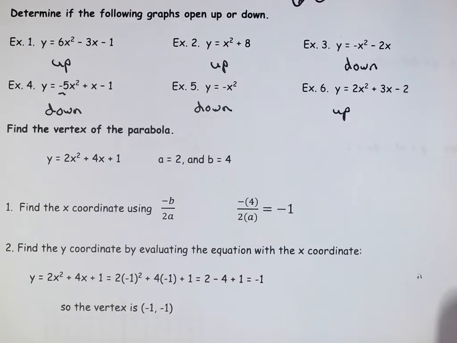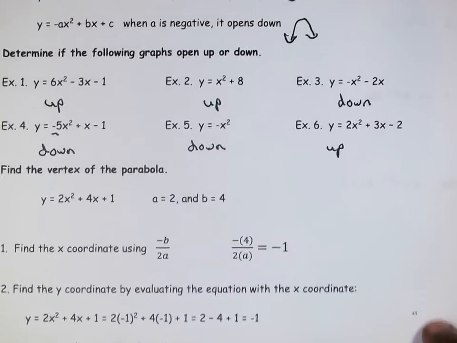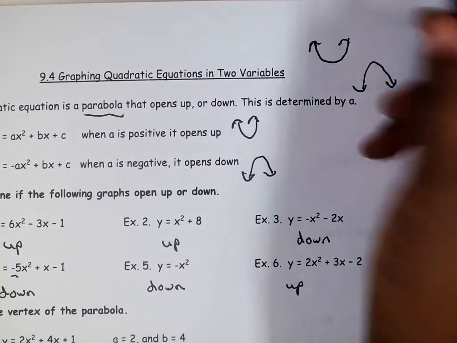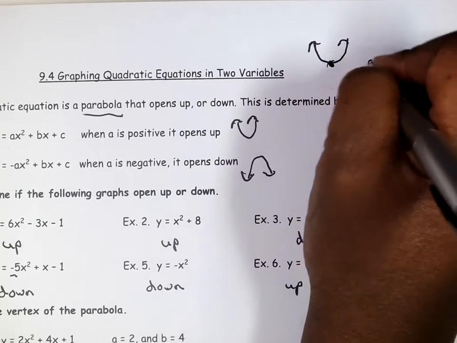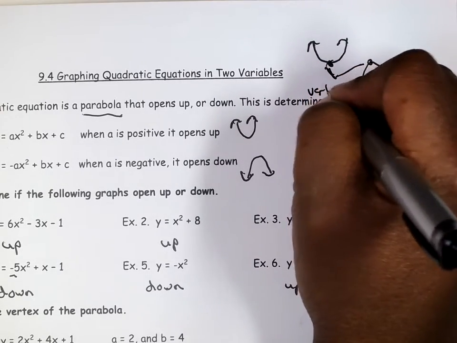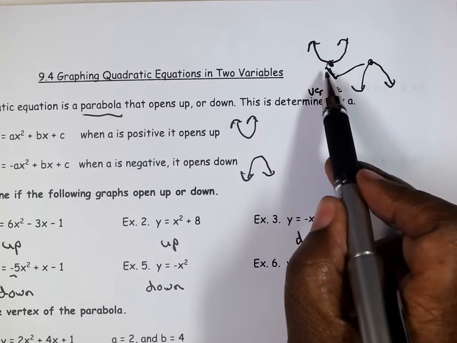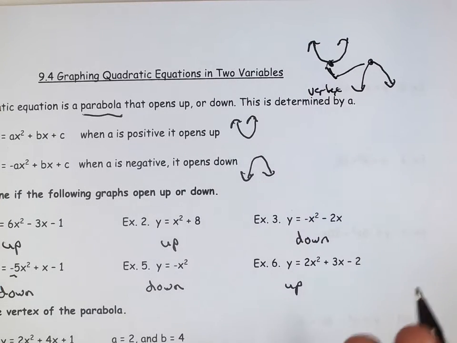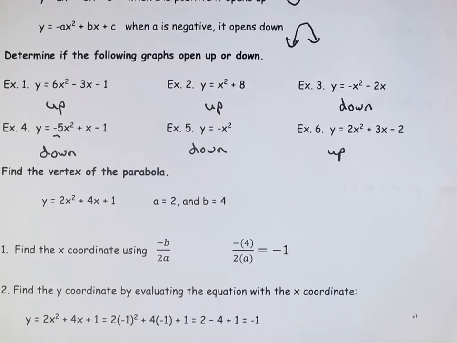The next thing we're going to do is find the vertex of the parabola. So the vertex, if I can go back up here, is the place where it changes direction. So if it's facing up, that vertex is going to be the lowest point it ever is. If it's facing down, the vertex is going to be the highest point the parabola ever reaches.